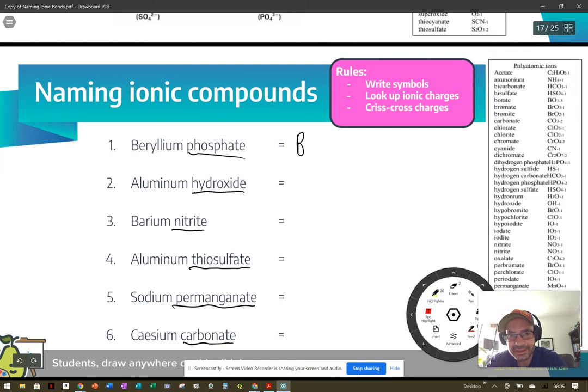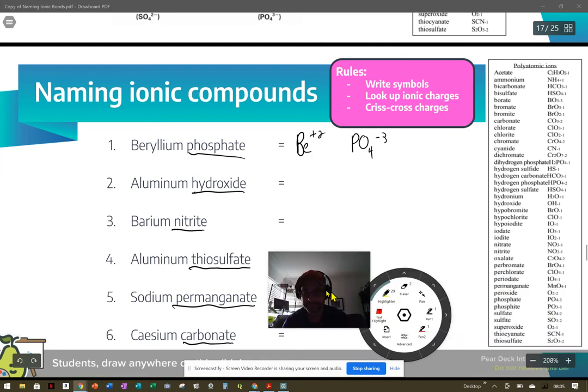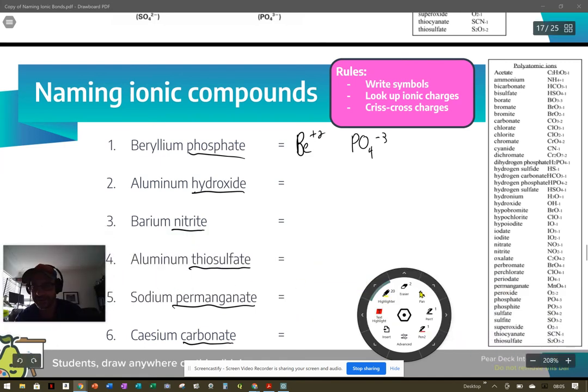So let's write these down first. Beryllium is a +2. Phosphate is PO4 minus 3. The way I found that was I just looked it up. Phosphate is right there. So it says PO4 minus 3.